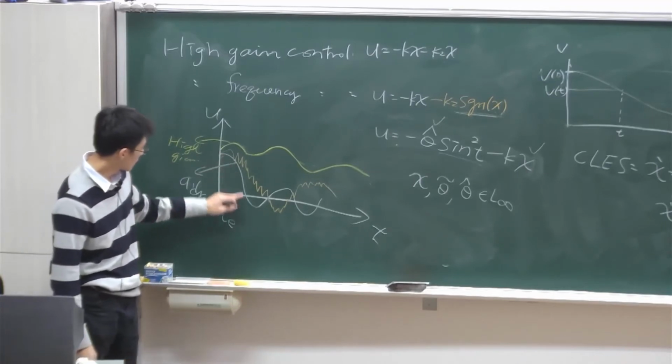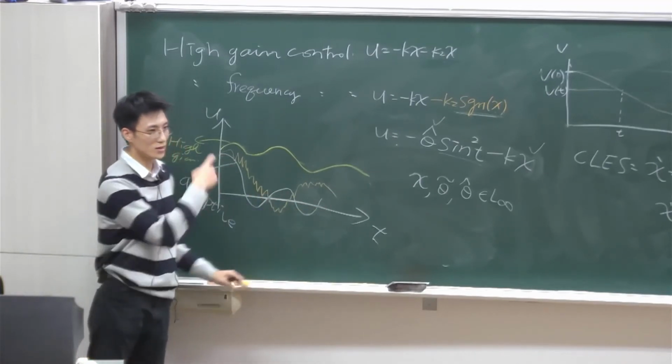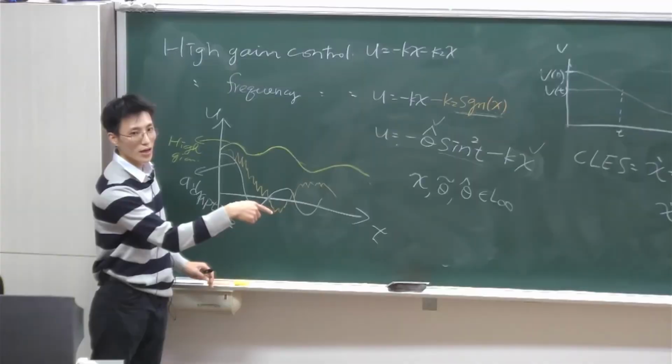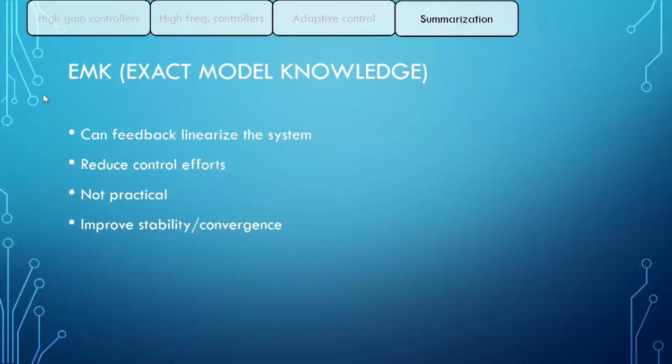The reason that you will oscillate is it is trying to track some trajectory. Given a system, if you have exact model knowledge, meaning you know what theta is, you can use feedback linearization, which reduces a lot of control effort because you know the system model. Your control input reflects when you need to use the minimal control input, because you know the model.